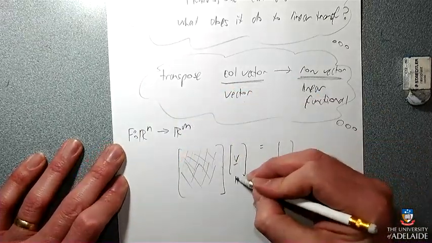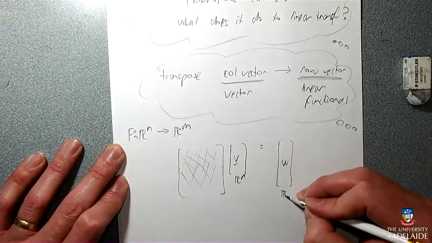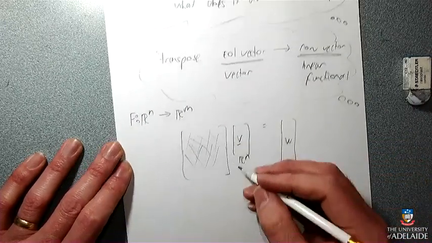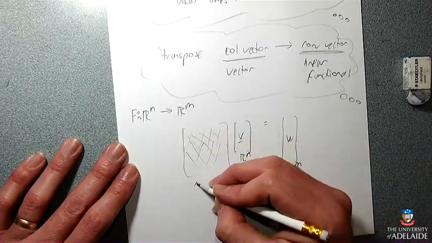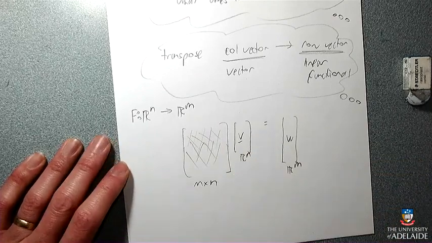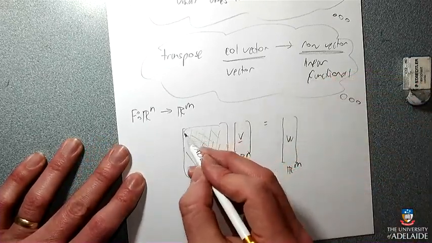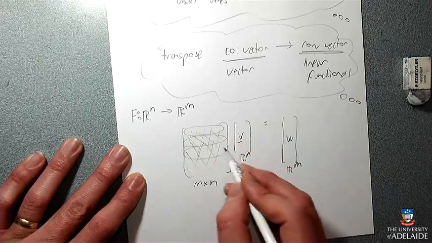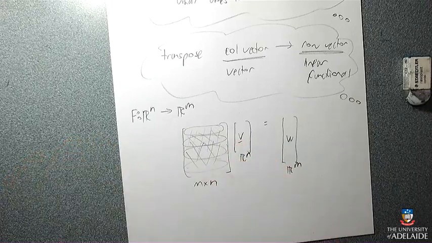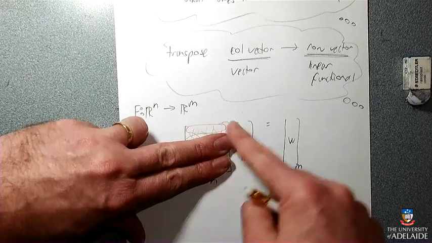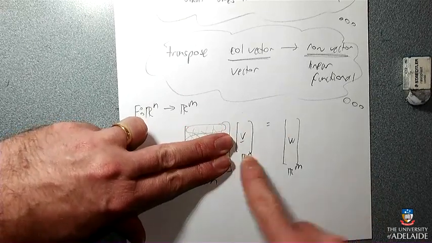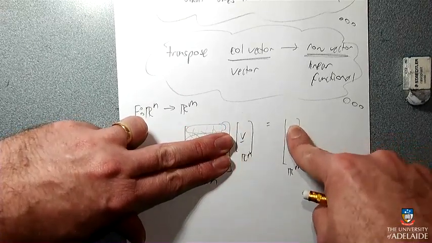So this is in Rn, and this is in Rm, and this is an m by n matrix. So each row of this is a linear functional, because I can go this row times that vector produces the first entry of this thing.